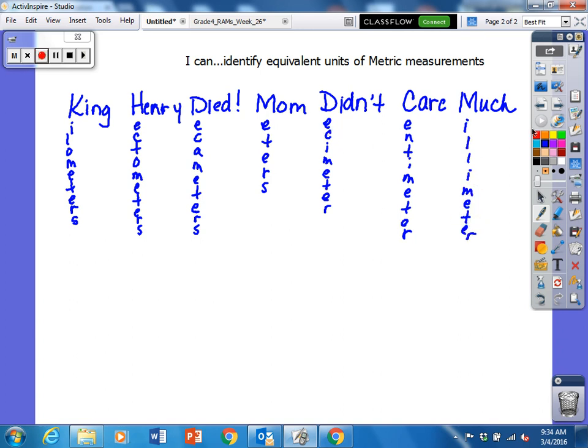Okay, so we're going to focus on the mom, the care, and the much. But in order to understand how this is going to help us, we have to look at it as a whole. So if we're looking at meters, for example, if I have 5 meters and I want to know how many centimeters that is, I have to look at this 5 as a whole number.